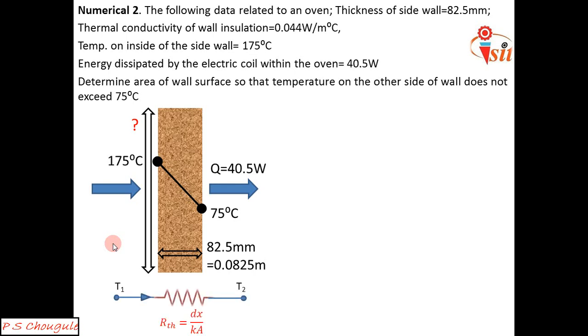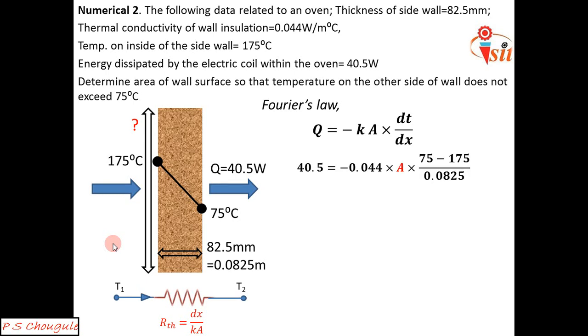So by means of electrical analogy, I can write it in this way. According to Fourier's law, Q is equal to minus KA into dT upon dx. In that, they have given the values of Q, K, temperatures and the thickness. Only one thing you need to remember here: you have to take Q in watt.